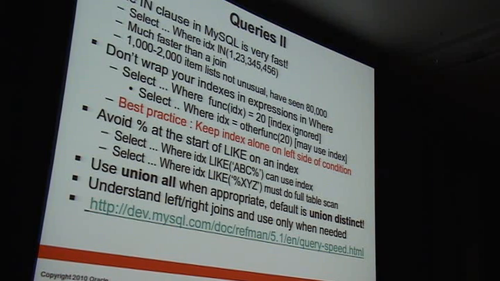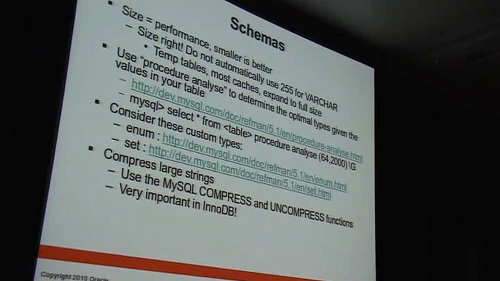It is important to learn how to use unions, but I'm not going to get into them here. Again, I've said this again and again, but the size of your schema, just like the size of your indexes and your queries, the smaller ones are better. You don't want to automatically go for a large value because you think that's what you could need at some point.